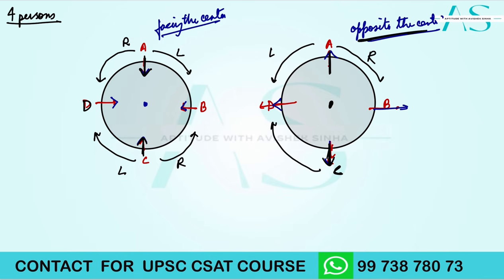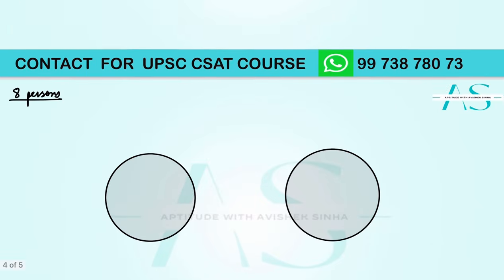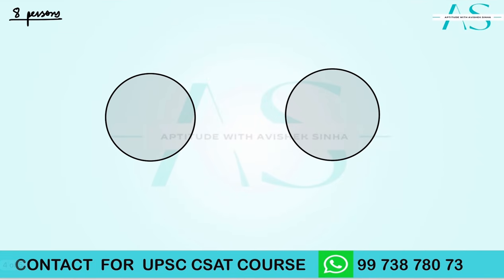Immediate right of C is D, immediate left of C is B. ये चेंजेस हैं जो आपको ध्यान में रखने हैं, है ना, the left and the right. Now in the same format, if I need to place 8 elements, 1 2 3 4, these are always opposites, then 1 2 3 4, इस तरीके से I can place 8 persons equidistant to one another around a circle.